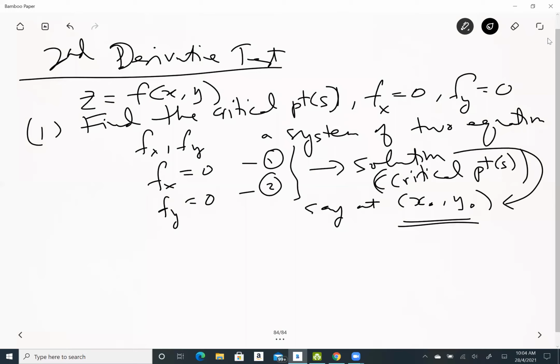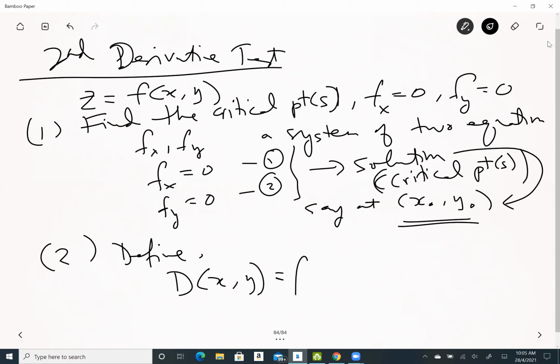Now, number 2, next we find the second partial derivatives, because you want to compute the following. We define a function D, and D is a function of x and y.